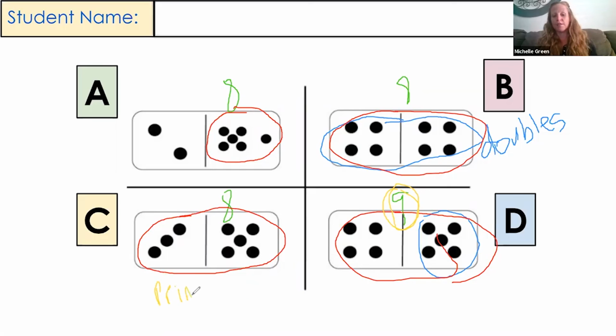And also, we noticed that these are both odd. So if these are both odd, tell me about these other 3 right here. Well, one side may have an odd number, but the other side is even. Gotcha. Or they're both even.